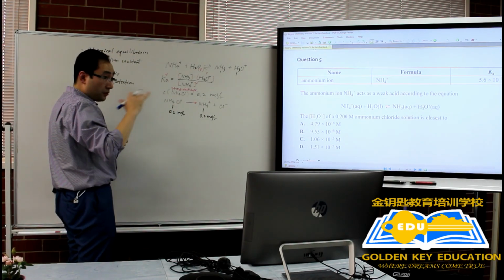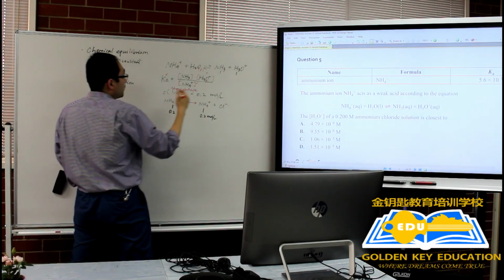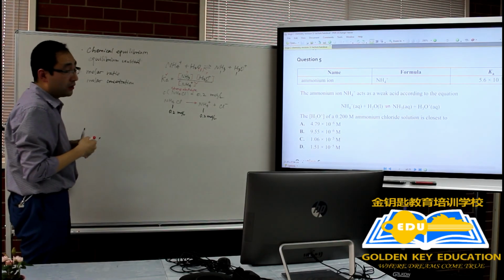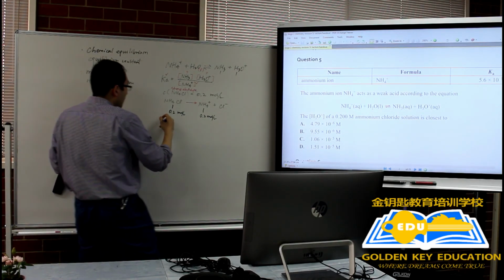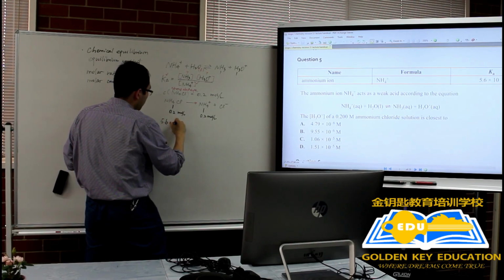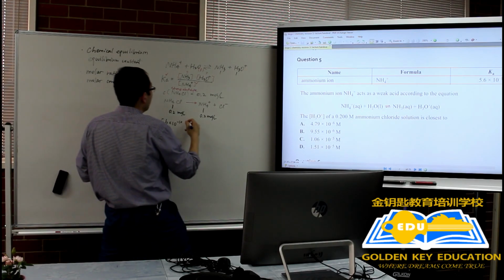Once we're at this stage, we can put something into the equation. I'm putting a question mark on top of the ammonia gas as well. And then we have the Ka, 5.6 times 10 to the power of negative 10.